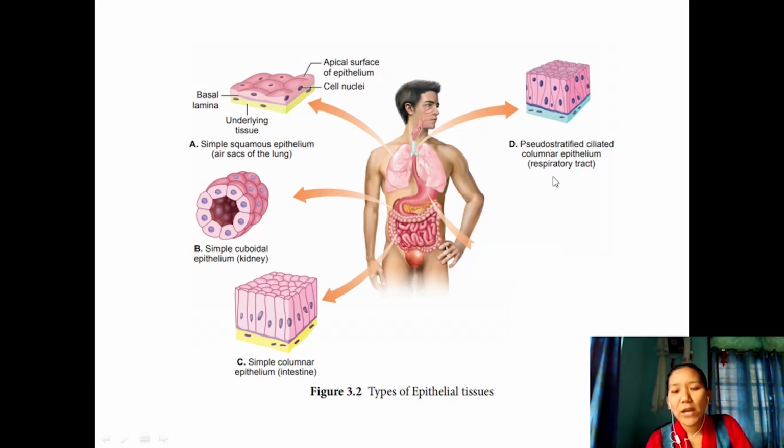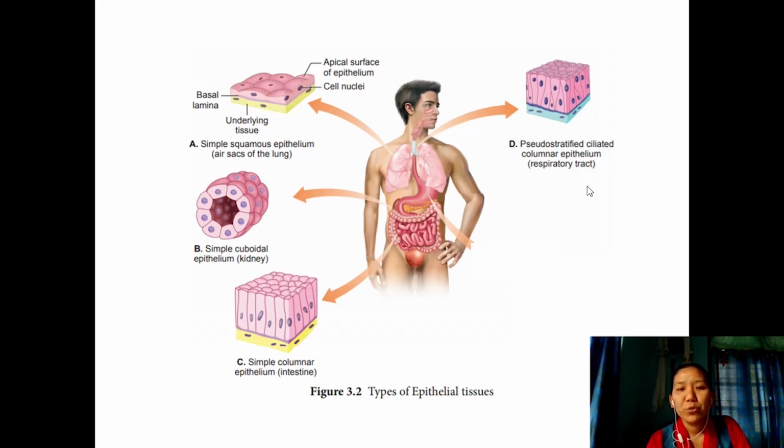Likewise, we can also find ciliated epithelium in the fallopian tube, which is a part of the female reproductive organ. During the menstrual cycle, especially around ovulation, the ovum is released, collected by the fallopian tube, and then passed towards the uterus.